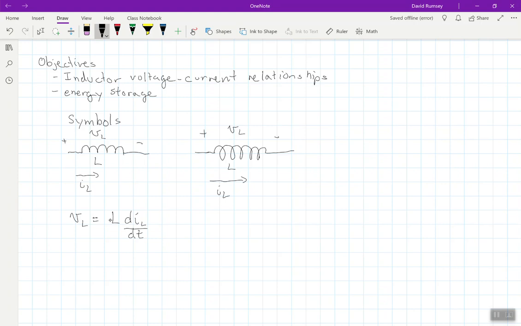And so if we're looking at the voltage-current relationship, we have that the voltage across the inductor is equal to L times the derivative of the current.